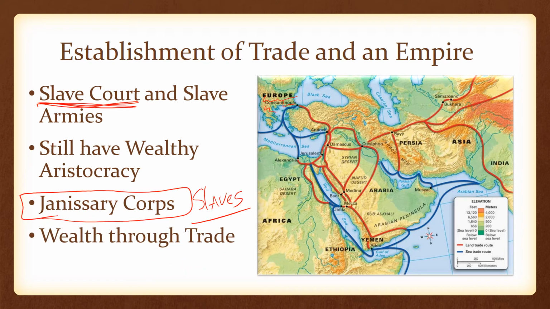The last thing I think we should make note of is the Ottoman Empire is going to make massive amounts of money through trade. And that's one of the things they realized very early on. I don't want you to think, and sometimes I think in Western civ classes, we get this idea that the Ottomans were refusing to trade with Europeans, and that's not necessarily true. They did add some taxes onto it, but that's how you make money.